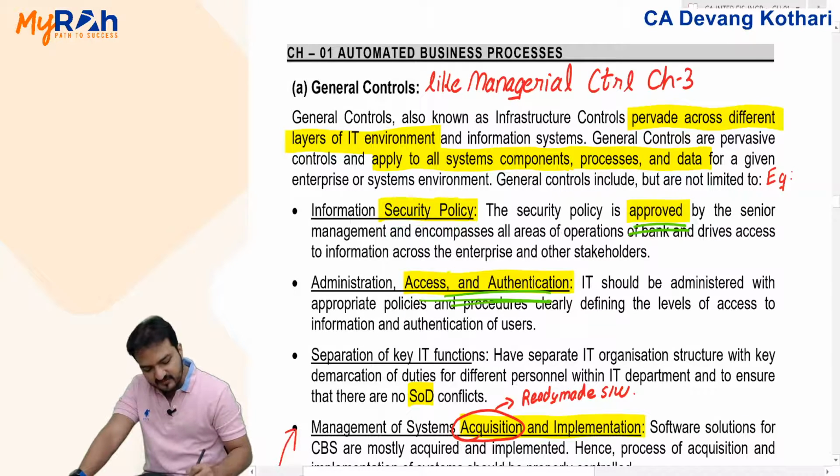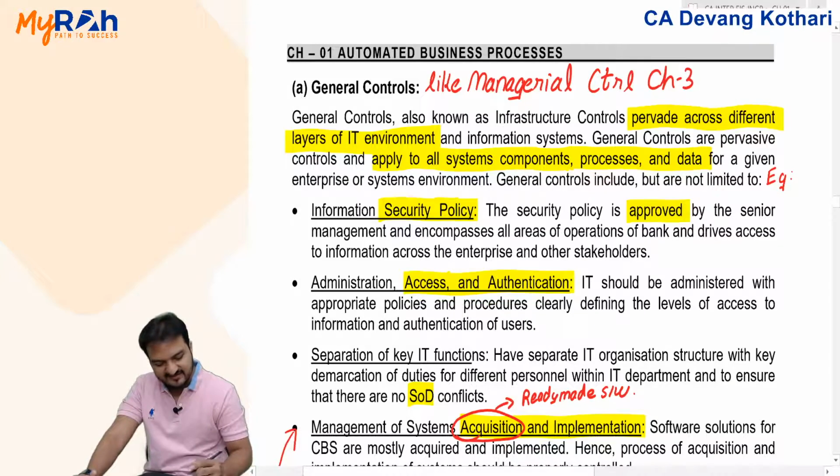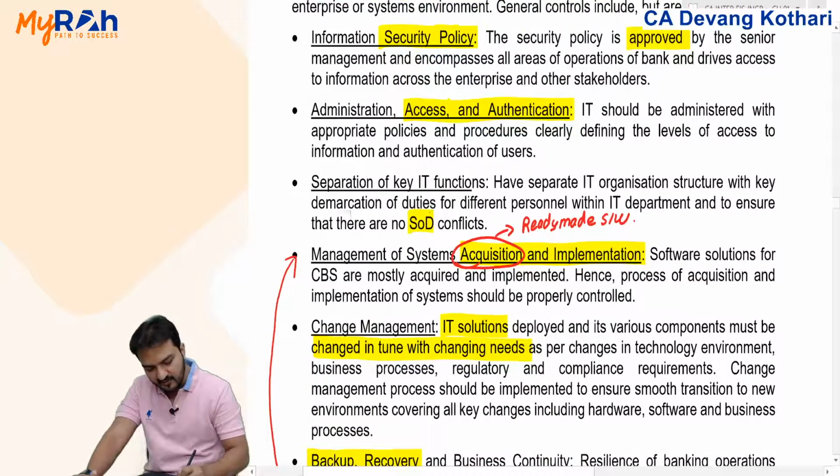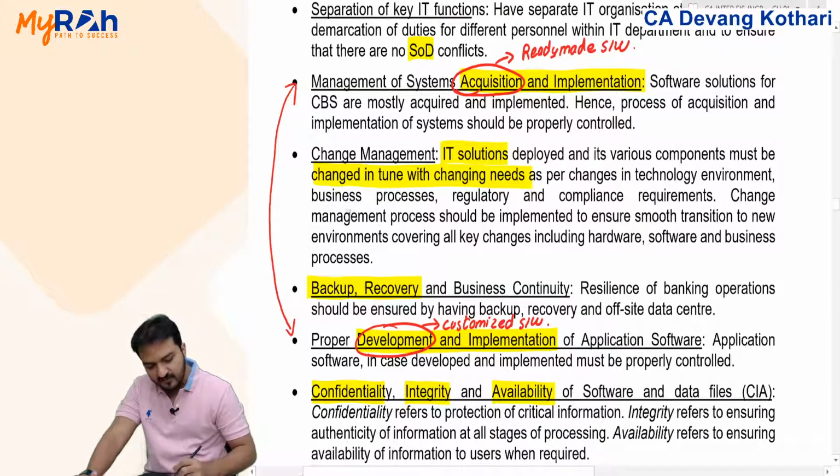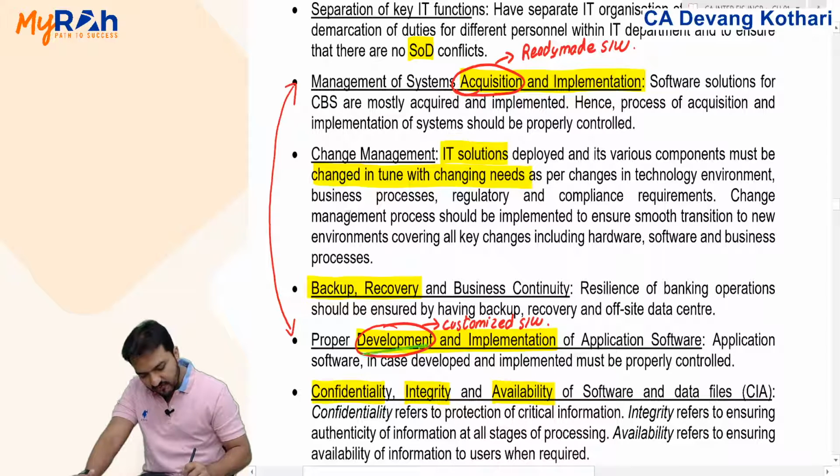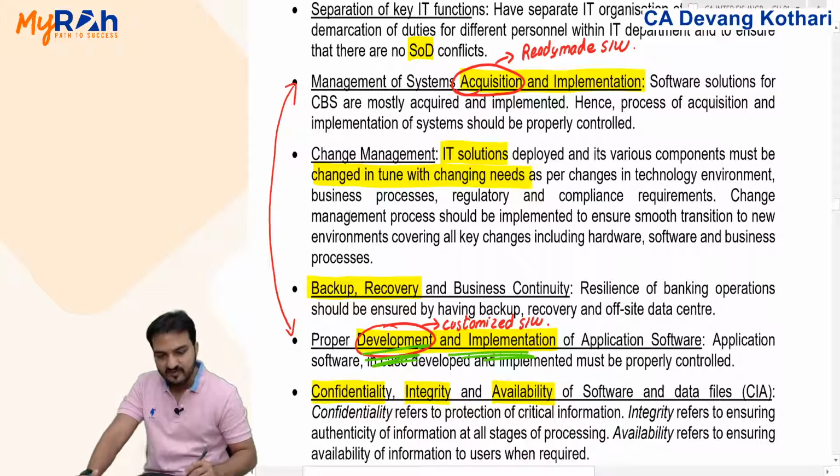Administration access and authentication controls, access control, authentication control should be there. Segregation of duties should be there. You know now what segregation of duties is. Controls over acquisition and implementation should be there.